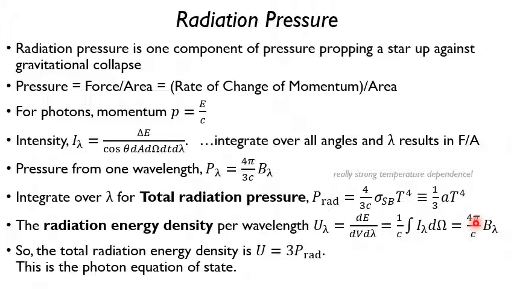If you integrate them over wavelength, you're still just integrating over the same Blackbody spectrum. So the only difference is this factor of 3. So the total radiation density is 3 times the total radiation pressure, and when you're relating energy density to pressure, that is an equation of state. So this is the photon equation of state. And that is it for these quick notes on the Blackbody spectrum.